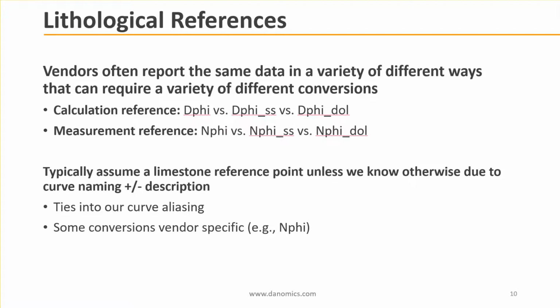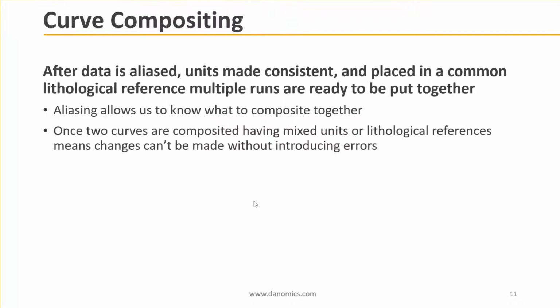And then finally, once your data is aliased and you have the units consistent, you've got the lithological reference correct, then it's time to put together multiple runs. And so, a lot of times this also ties in together with the aliasing.